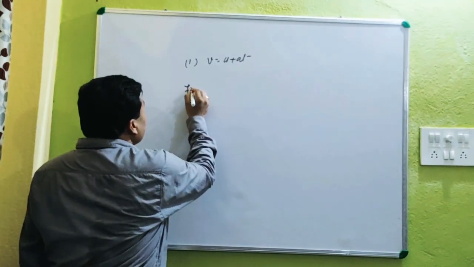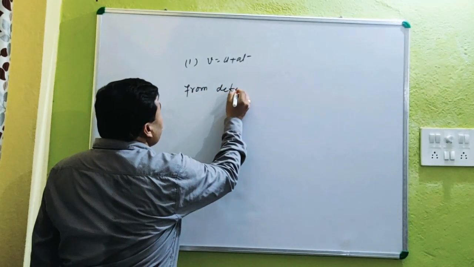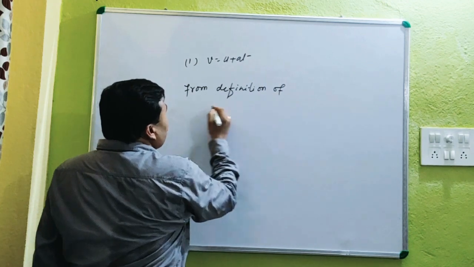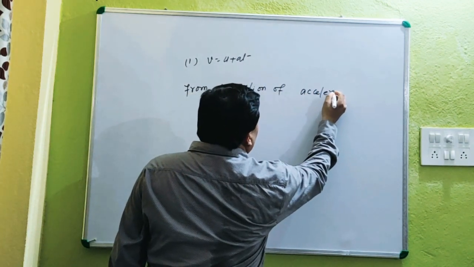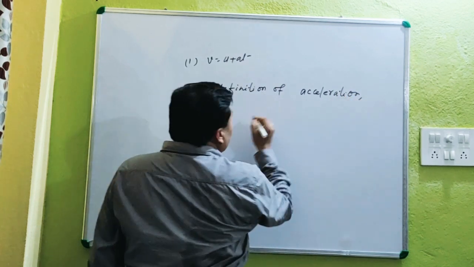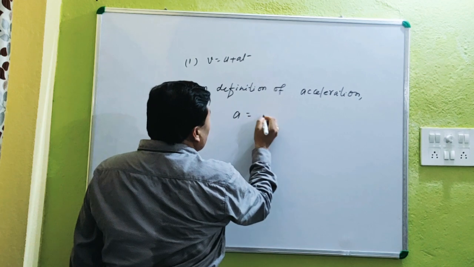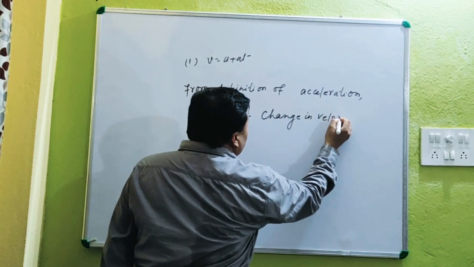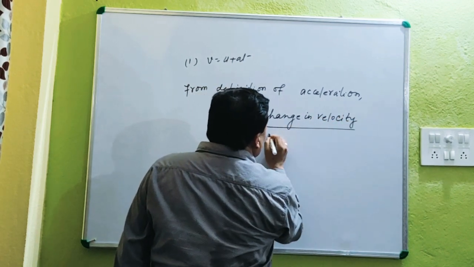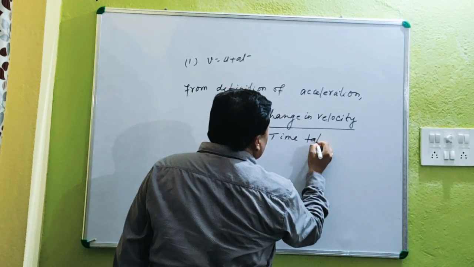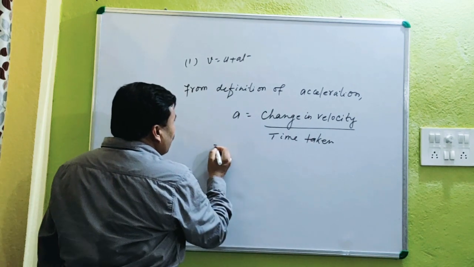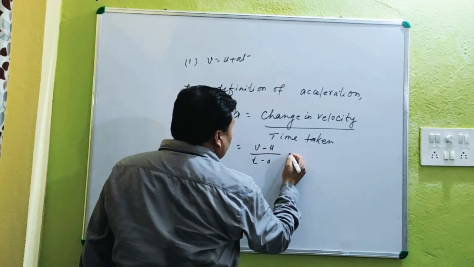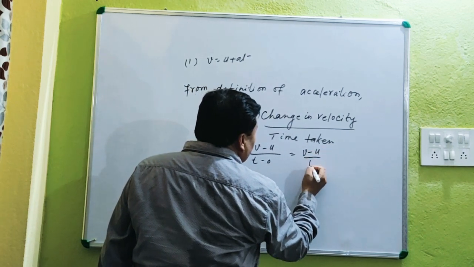Then from the definition of acceleration, a equal to change in velocity by time taken, or a equal to (v minus u) by (t minus 0), equal to (v minus u) by t.